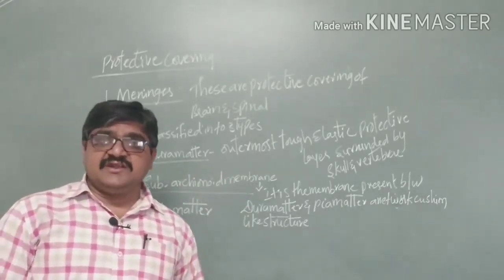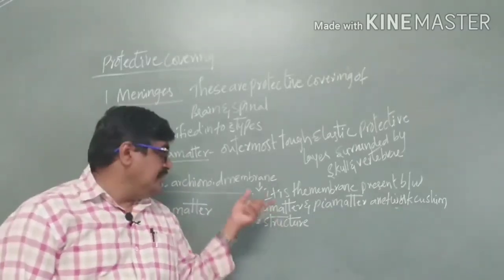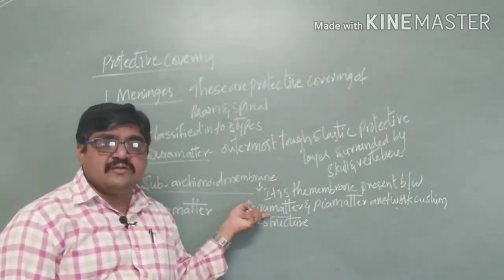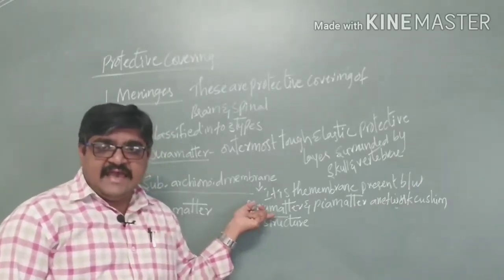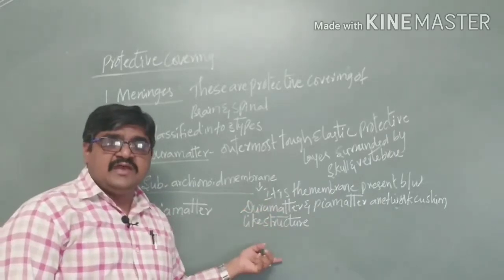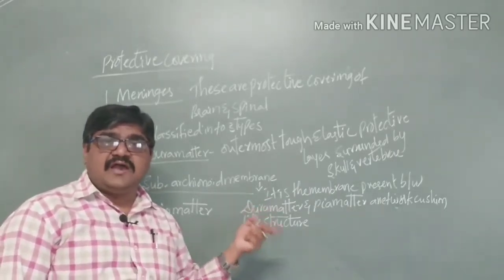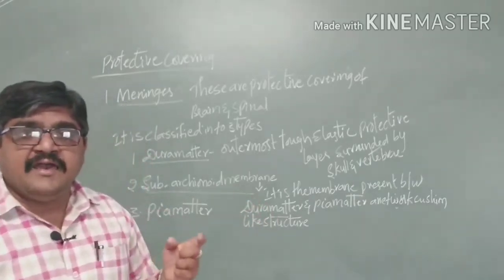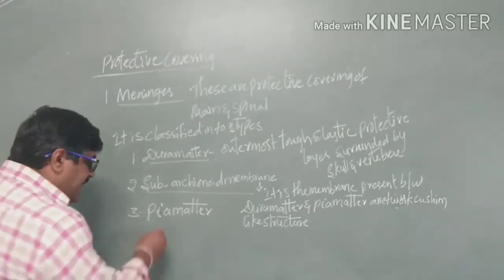It is separated from the dura mater by the dural space, and the space above the pia mater we call the subarachnoid space.